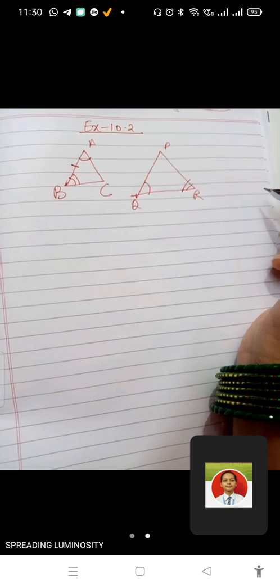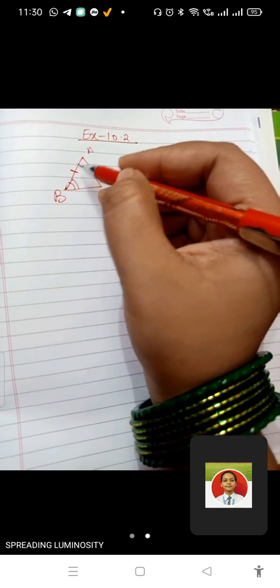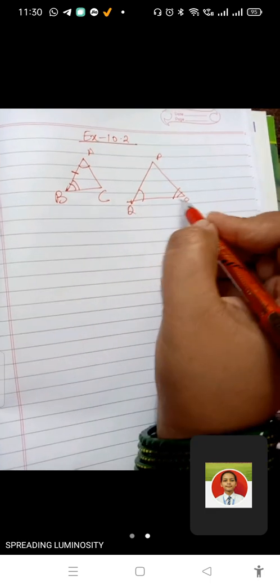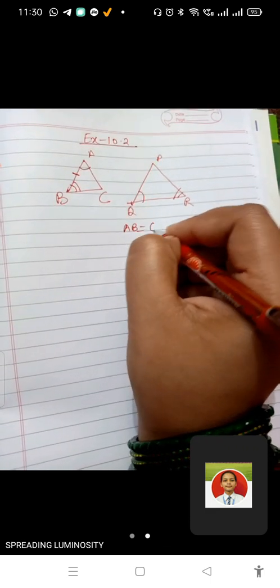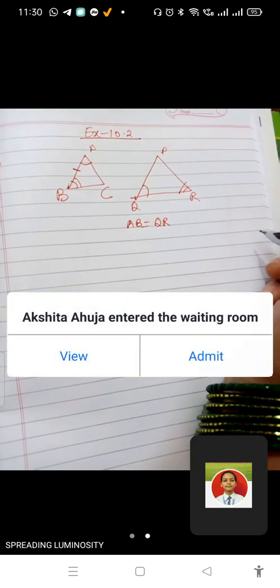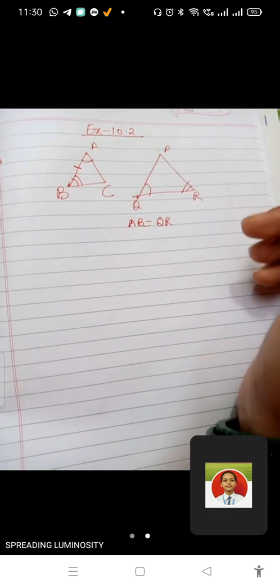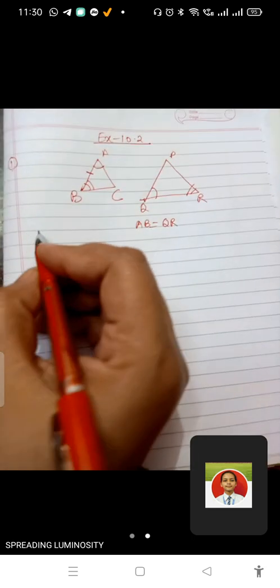AB side contains these two angles. Here which side is containing these two angles? QR. So AB should be equal to QR. Okay? Is it clear?